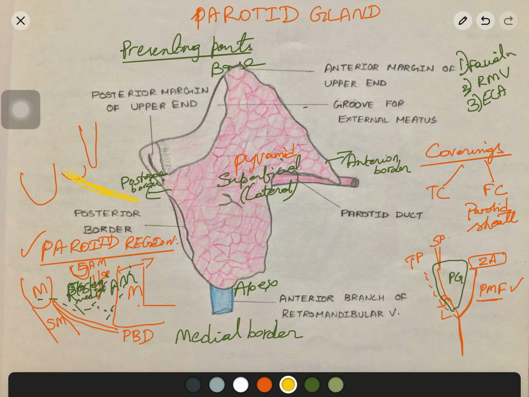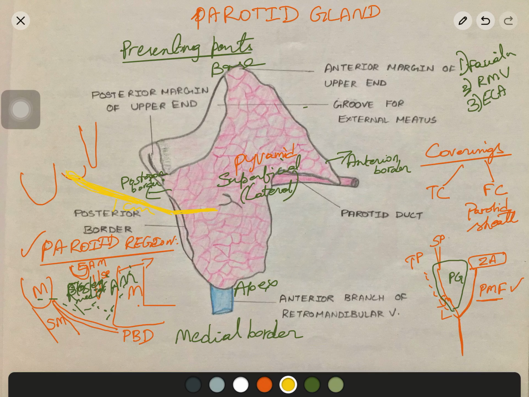The facial nerve trunk emerges from this stylomastoid foramen about 2.5 centimeter deep to the middle of the anterior border of the mastoid process, passes downwards and forwards for about 1 centimeter before it pierces the posteromedial surface of the parotid gland, then enters the parotid gland.